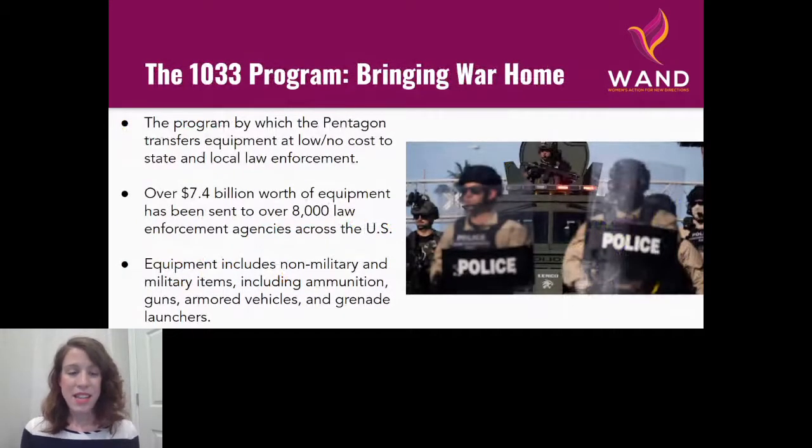And we've talked a little bit throughout the day today about issues with domestic militarism. Our core focus is on ending the 1033 program, which is the program by which the Pentagon is able to transfer weapons of war to local police departments at low or no cost. Police departments only pay for shipping and storage of these items.